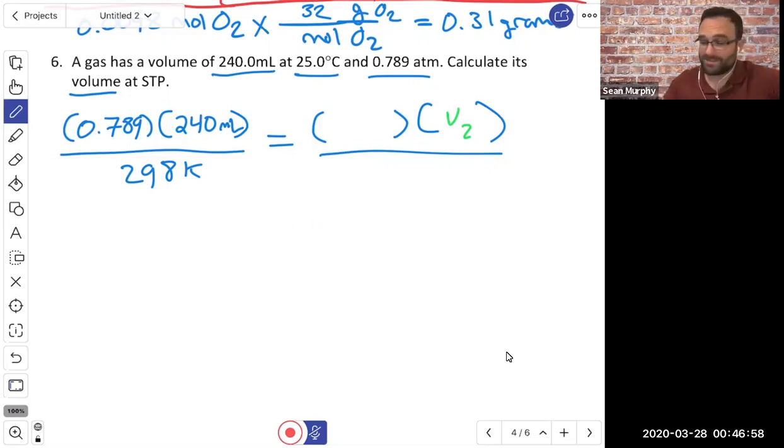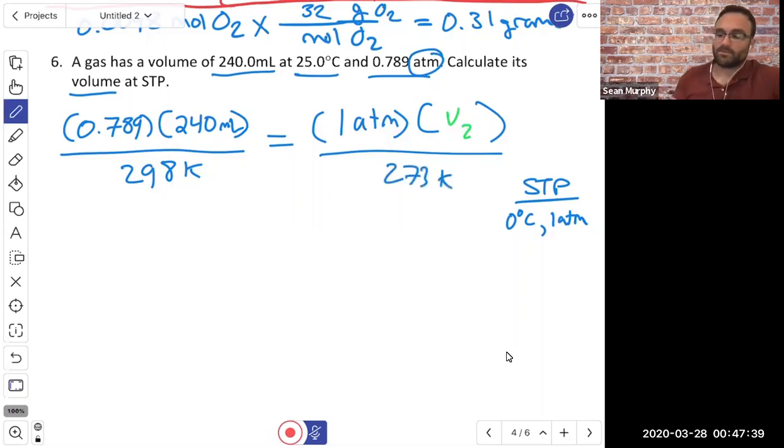Need I remind you that STP, side note, is standard temperature and pressure. The temperature is 0 degrees Celsius at 1 atmosphere. So we can put the atmosphere in there because it matches this atmosphere, so the units are good. But we got to fix that 0 degrees Celsius. Add 273.